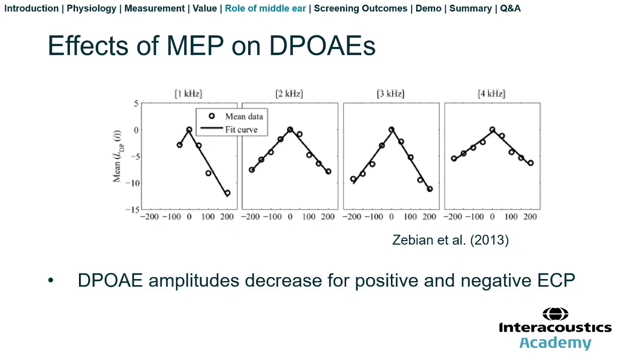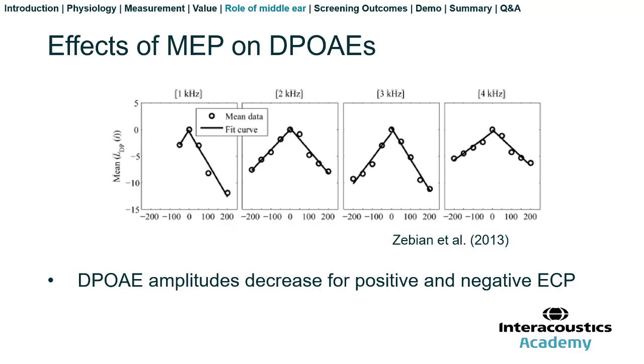and 4,000 hertz. They found that average slopes for the left half of the data, or the case where you're applying negative ear canal pressure, that the OAE response dropped by 4.3 dB per 100 decapascals, and the average slope for the right half of the data was approximately 5 dB drop per 100 decapascals.